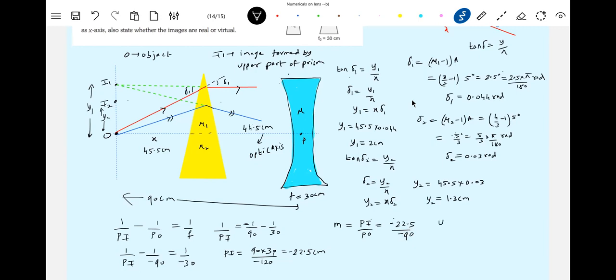Then we'll calculate the height of the image. Height of the image h1 equals magnification into y1. Magnification into y1, with y1 being 2 centimeter.